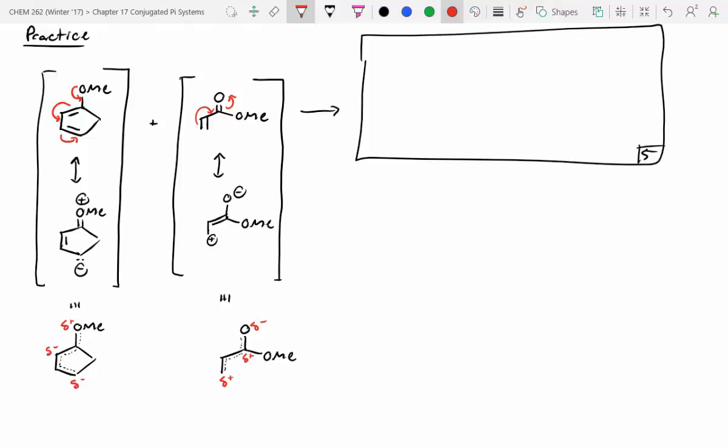I'm not going to draw all of the resonance structures, but I am going to draw out the most important ones. You're welcome to draw all the resonance structures if you'd like. And then, like I said, double check with your neighbor when you think you've got the mechanism down.